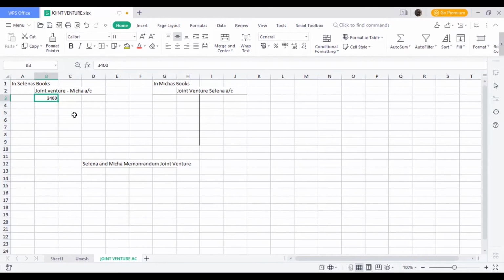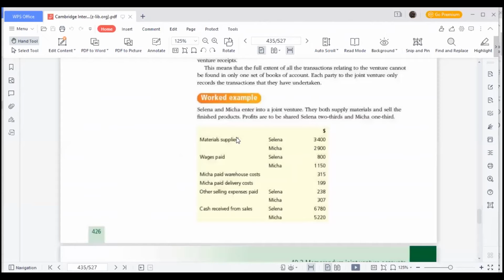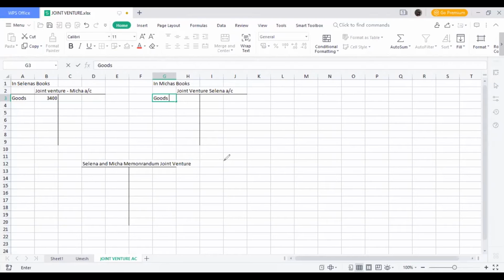Let's see one by one, not in a rush. Then we have Selena's books we have found. In Misha's books it was 2,900. So we're going to record goods 2,900.